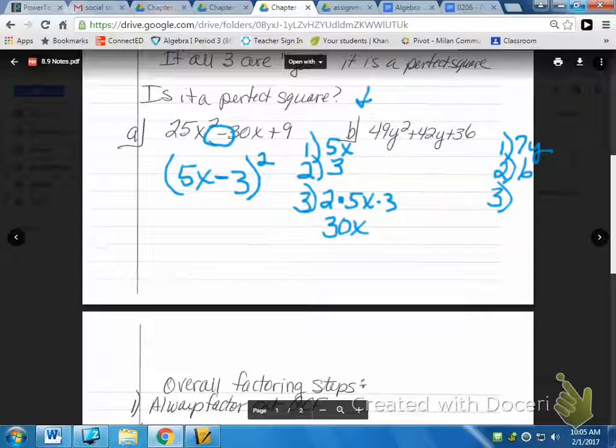Is the middle term 2 times 7y times 6? What is 2 times 7y? 14y, and 14y times 6 is 84y. Well, we wanted it to be 42, so the answer is no. It's not a perfect square.